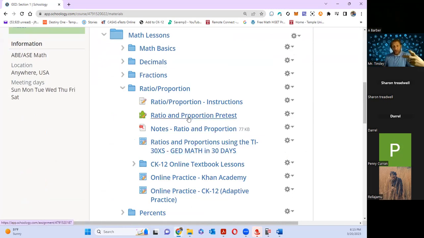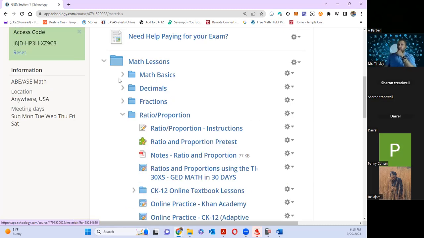Usually I would advise you to take the pretest, see what you know and don't know, and decide whether you have to spend time on this area. If you get 70, 75, 80 or above, move on to the next section because you know it well enough. Then you have online practice in Khan Academy and CK12. So right away, pretest, online practice, and then a whole practice section that you can also work with.